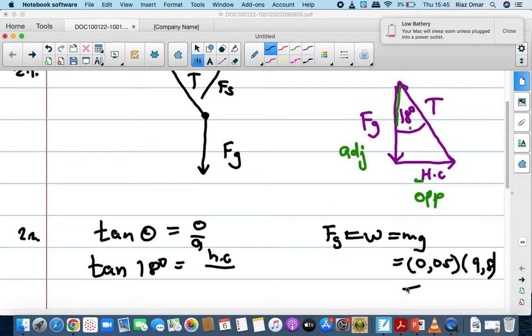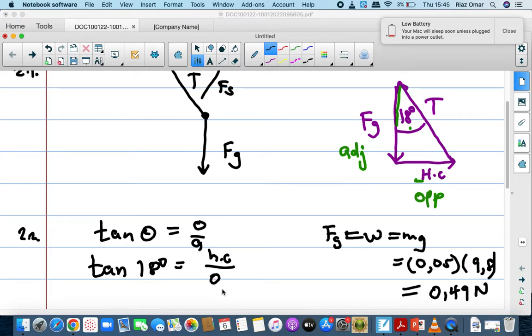If you work that out with our calculator, 0.05 times 9.8 will give you 0.49 newtons.